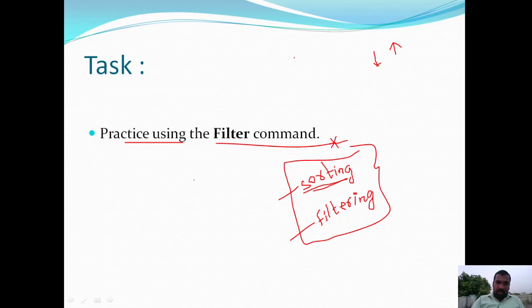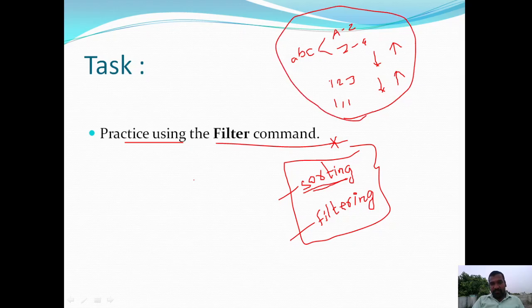If we have text in that column, then the content may be arranged from A to Z or Z to A. If that column has number values, then the information may be sorted from smallest value to largest or from largest to smallest. So this is about sorting.